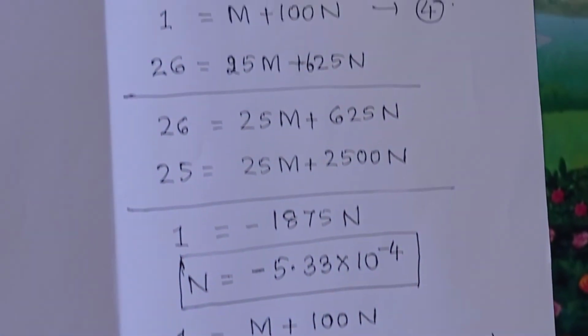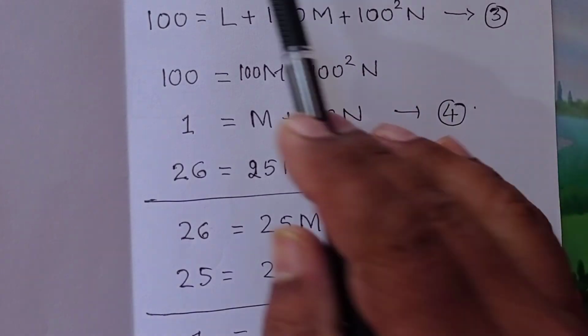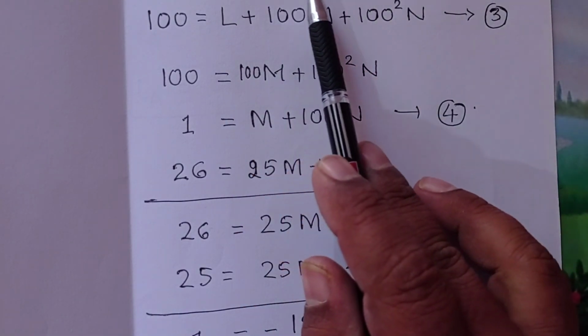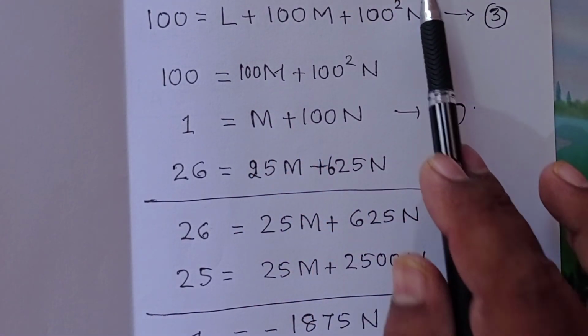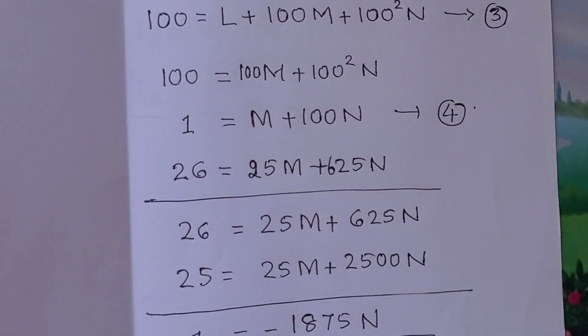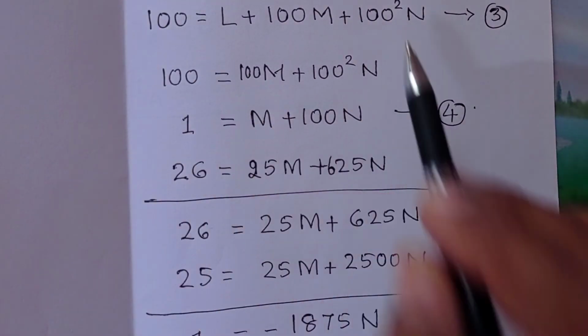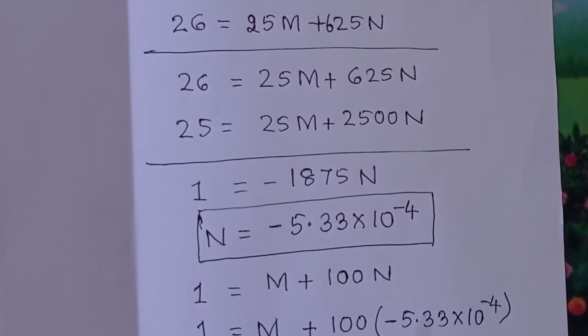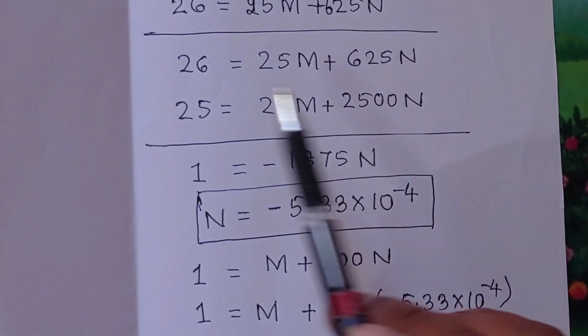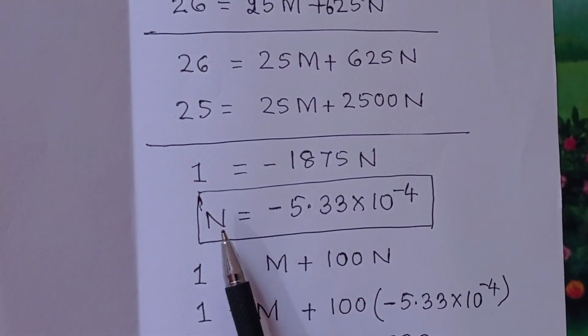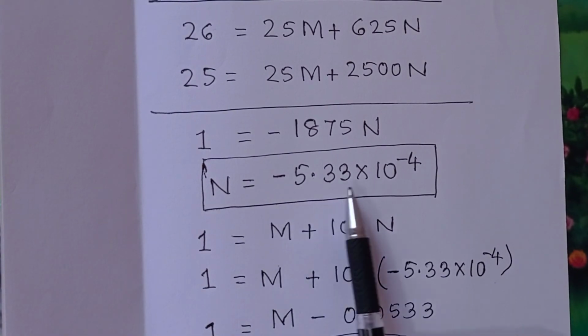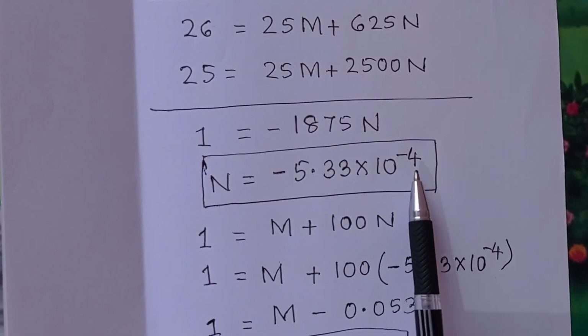Next is the steam point. At steam point, Ta is equal to Tb is 100. When I put this value in the governing equation and solve, I will get the value of n as minus 5.33 into 10 to the power minus 4.